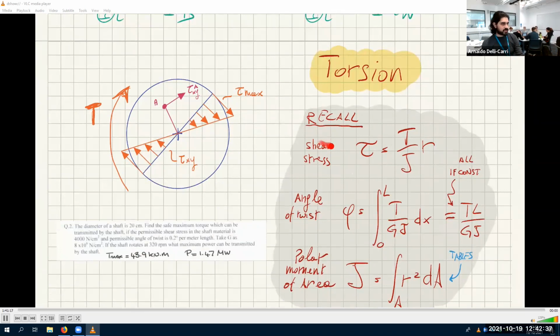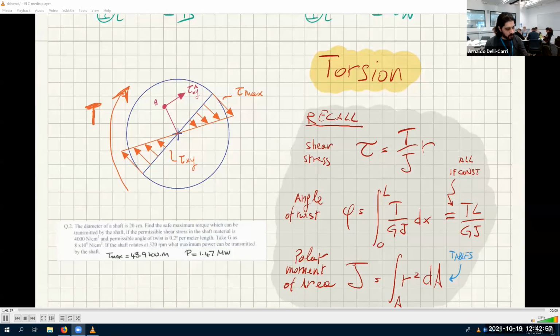But we are talking about shear stress because it's in plane rather than out of plane. And every point has its own associated tau. And tau is 0 at the center and grows larger and larger the farther away you are from the center.